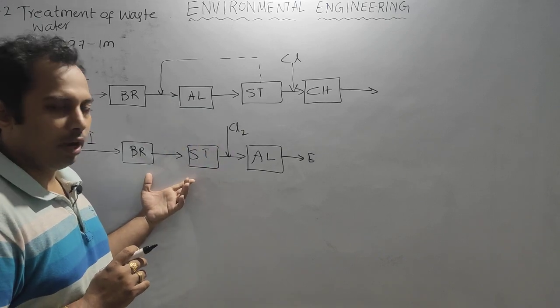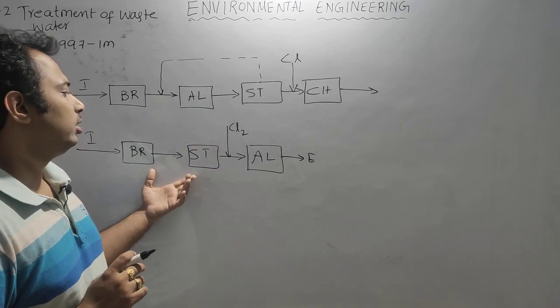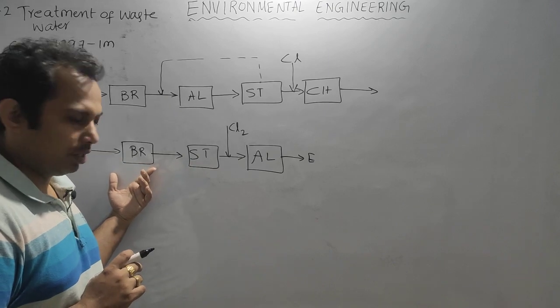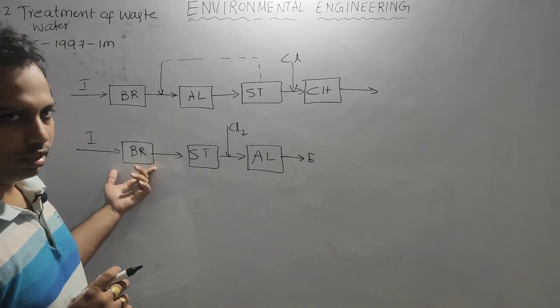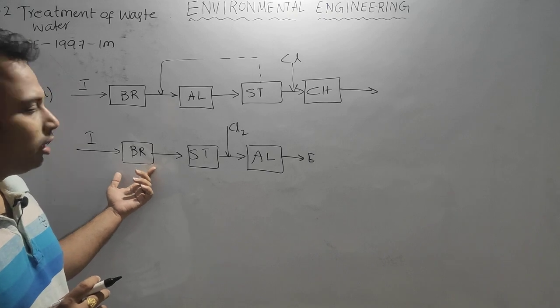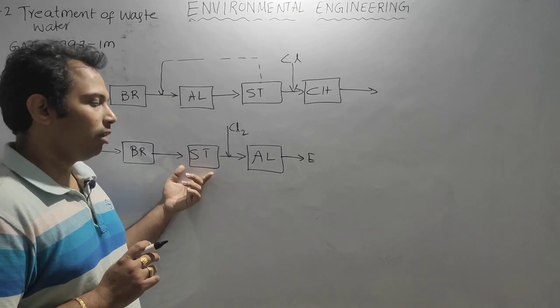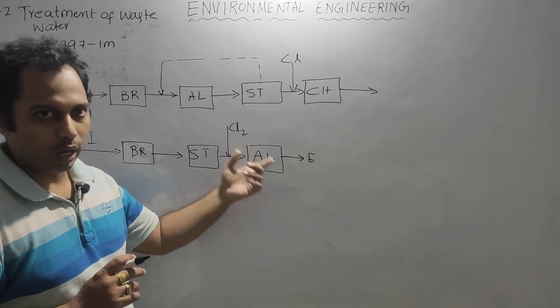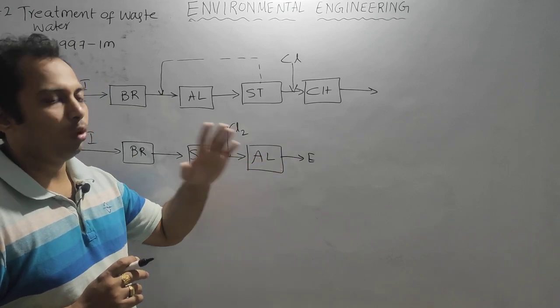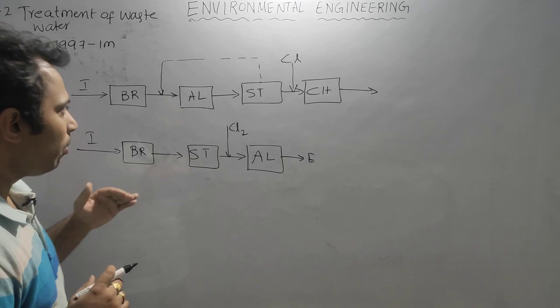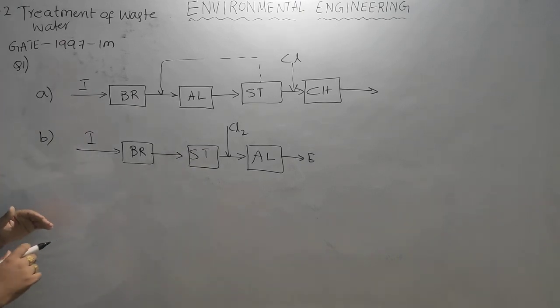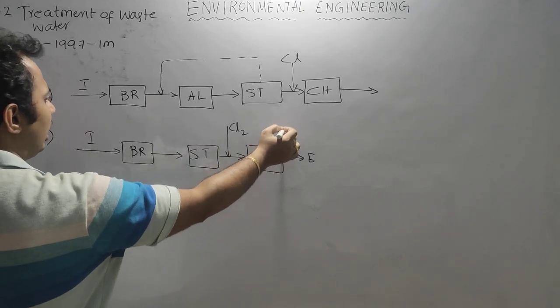we can have a preliminary treatment like any kind of biological reactor, like a trickling filter or activated sludge process aeration tank, and afterwards we can send it into the sedimentation tank. After that, the effluent we can send into the aerated lagoon. So after the aerated lagoon no treatment is needed. If you look at the options, choose the option where the aerated lagoon is at the last.